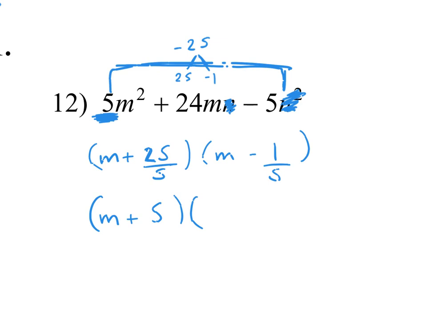What do we do with the 5? Awesome. We move it in front of the m, so it becomes 5m minus 1.